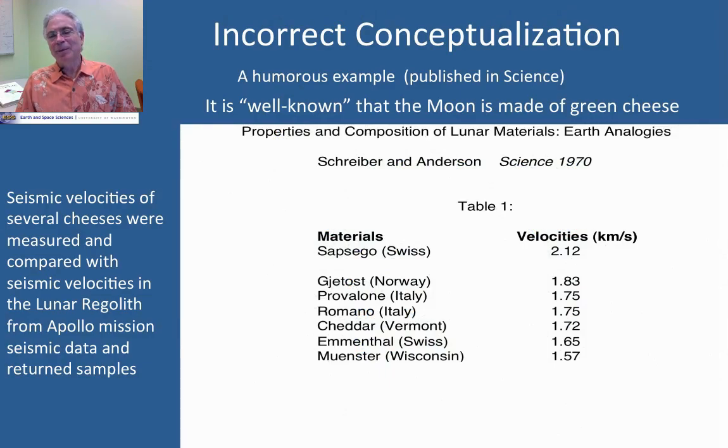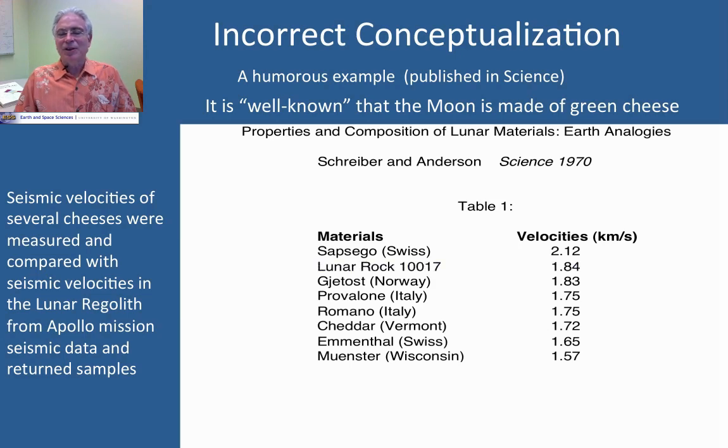And here's the table published in Science. Authors were Schreiber and Anderson. They had the materials: Swiss cheese, a Norwegian cheese, an Italian provolone, an Italian Romano, cheddar, Emmentaler, and Munster cheese. And you notice the velocities range from about 2.1 kilometers per second down to 1.6 kilometers per second.